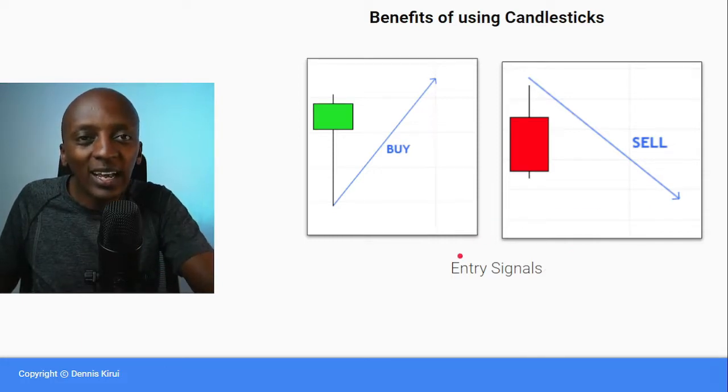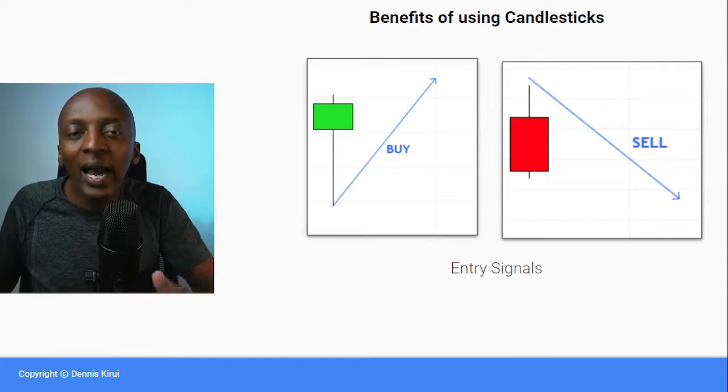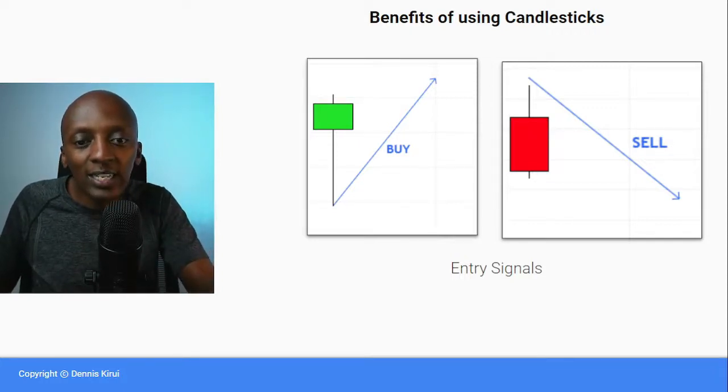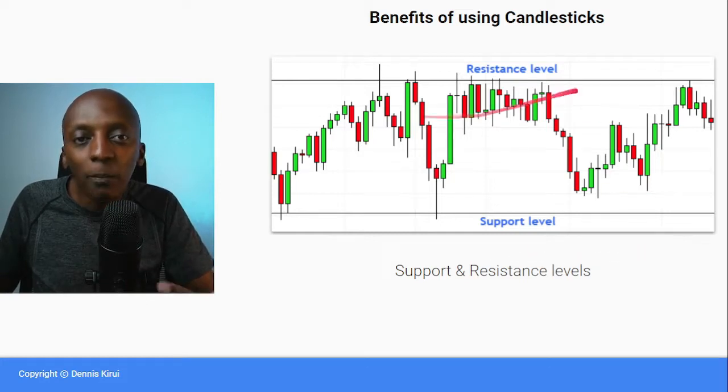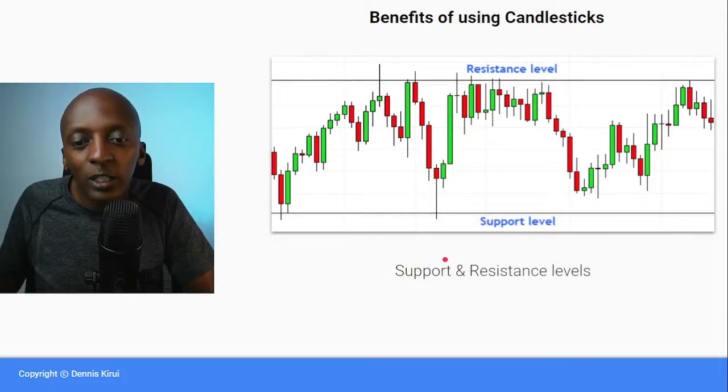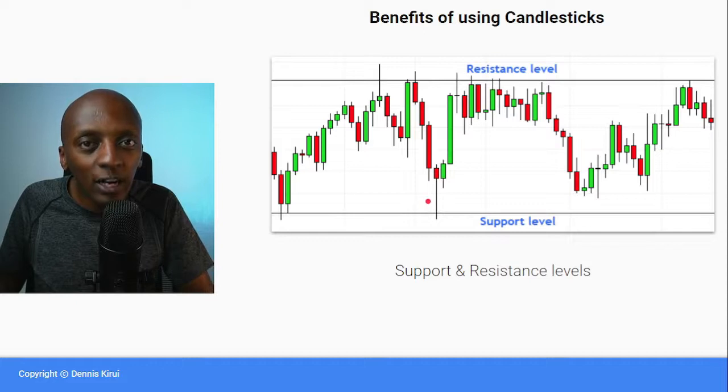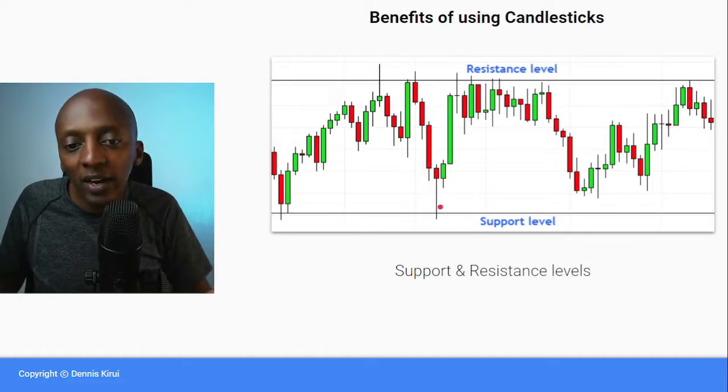I don't want you just to learn these entry signals and go ahead and start looking for them and trading them. You need to add another element of candlestick chart analysis, which is identifying support and resistance levels. So candlestick charts can also help you identify good areas to either buy or sell. For example, a support level is whenever the market reaches that particular level, more often than not in the past, the market has reversed upwards.